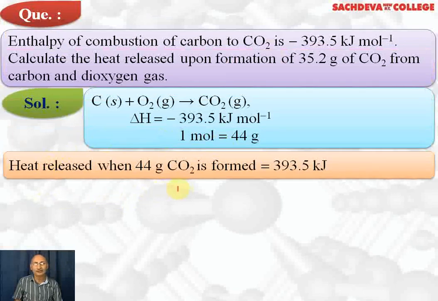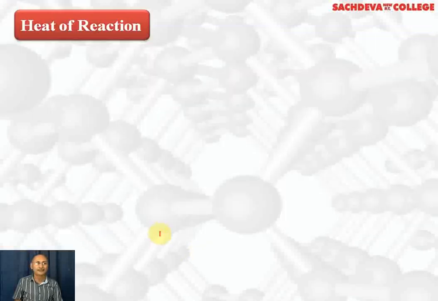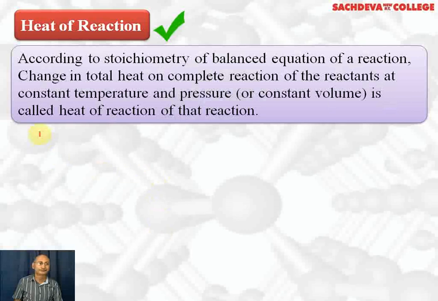Heat released when 44 gram of CO2 is formed is equal to 393.5 kilojoules, and heat released when 35.2 gram of CO2 is formed will be equal to 393.5 divided by 44 into 35.2 kilojoules, which will come out to be 314.8 kilojoules.